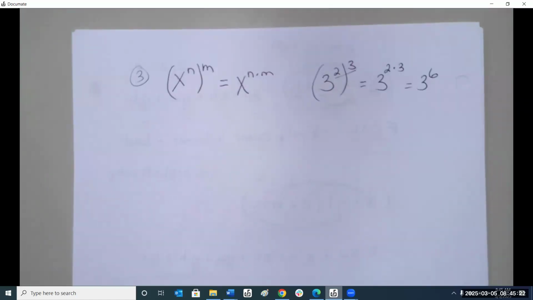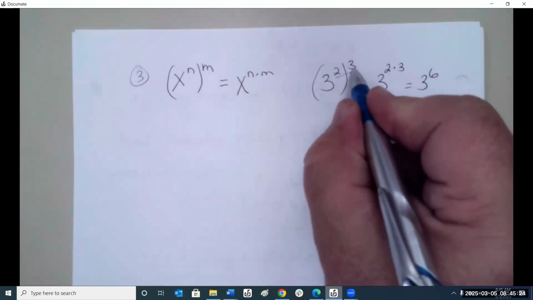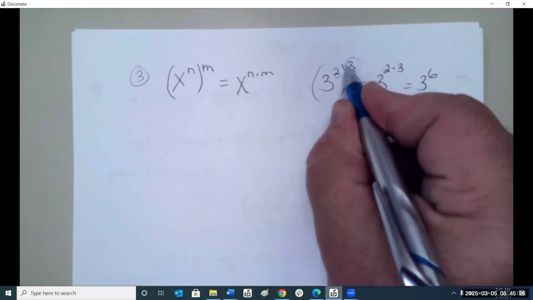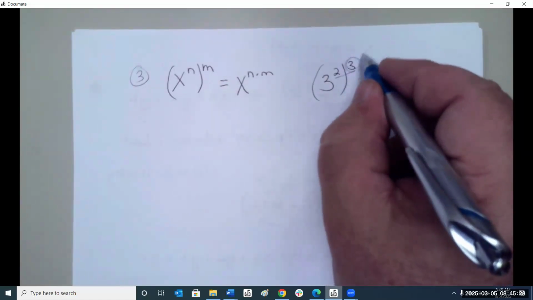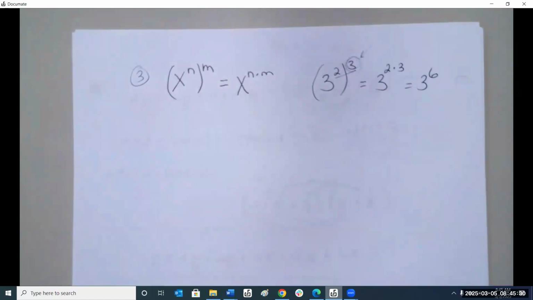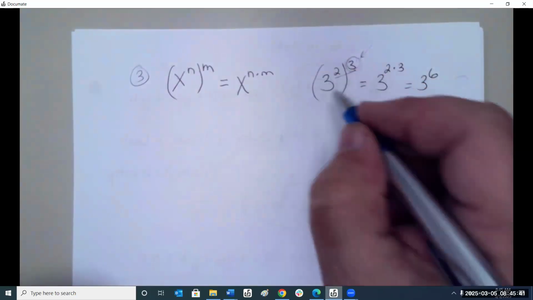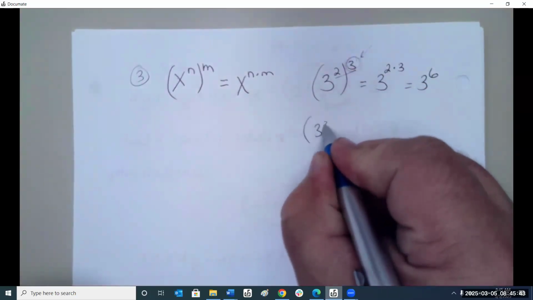But here's the why. The outer exponent, what is it? What is the definition of an exponent? What does it do? Multiplies the number itself. What number? The base. So the base of this number is this.